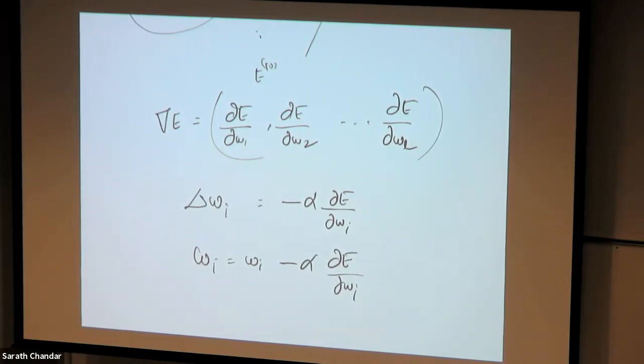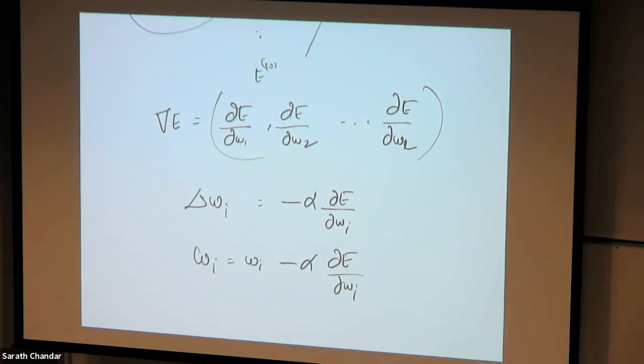Now, the whole learning problem reduces to the question of calculating the gradient of a network function with respect to its weights. I have a network or a graph, and I want to calculate the gradient with respect to the weights. Is that clear?